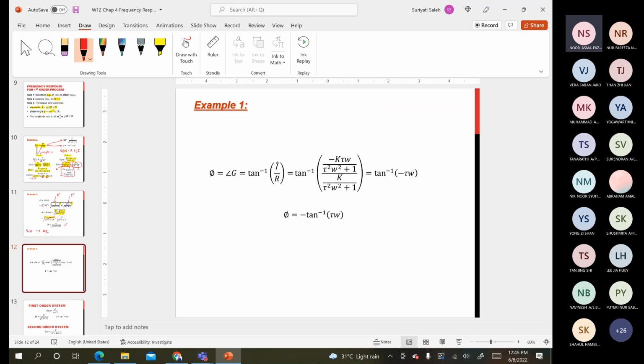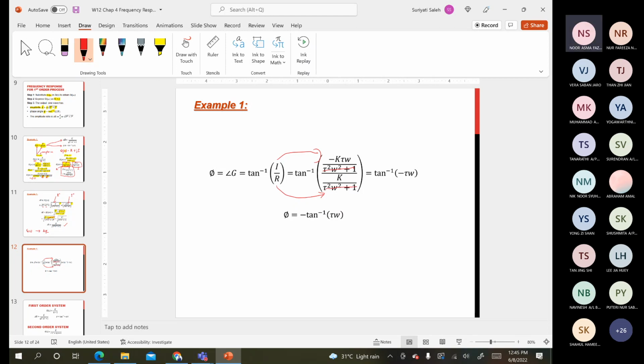The I is equal to negative K tau w over tau square w square plus 1, and the R is K over tau square w square plus 1. Here you can see we have the similar denominator, which means this part can be cancelled.